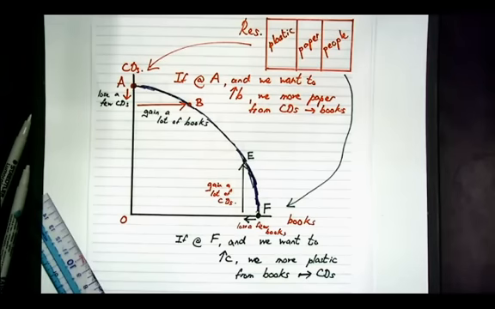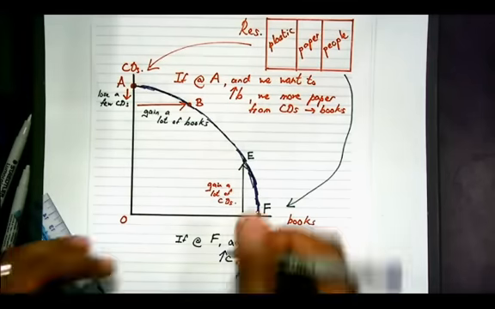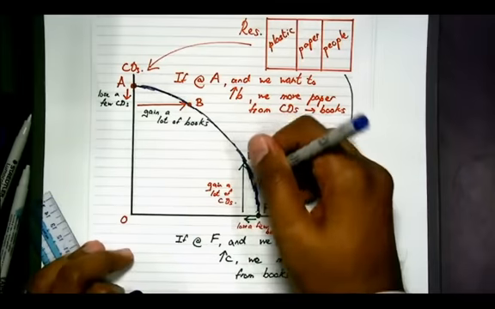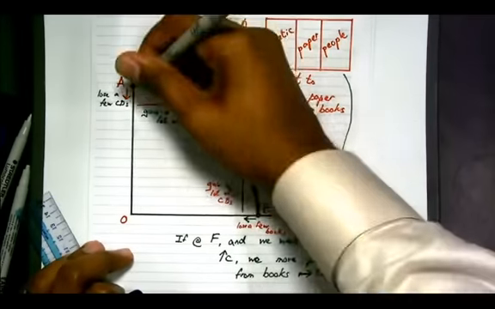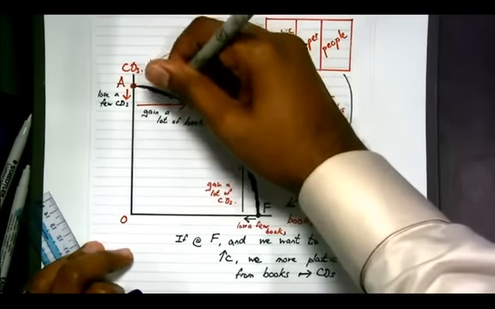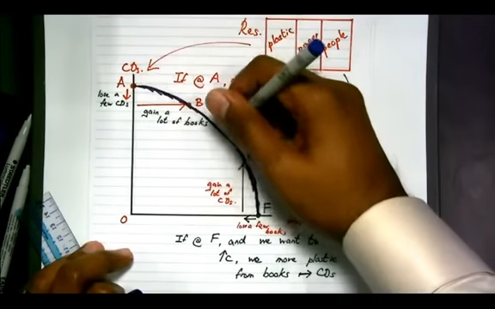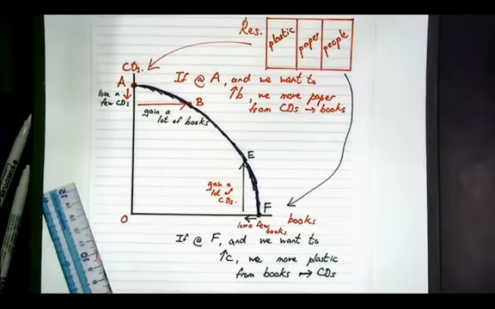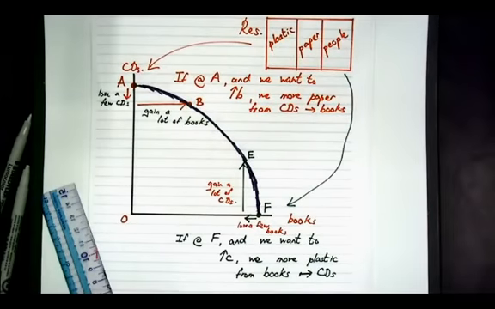Why is the PPF concave? The PPF is concave because resources are not perfectly adaptable to the production of all products. Essentially because resources are different. That's why the PPF is concave, because resources are different. They're not perfectly adaptable to the production of all goods.